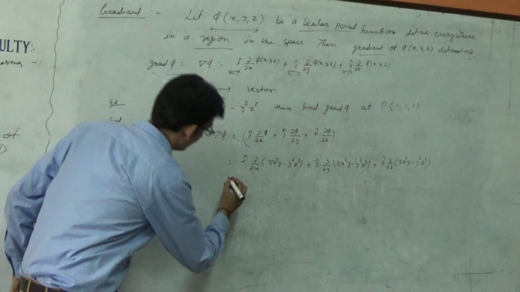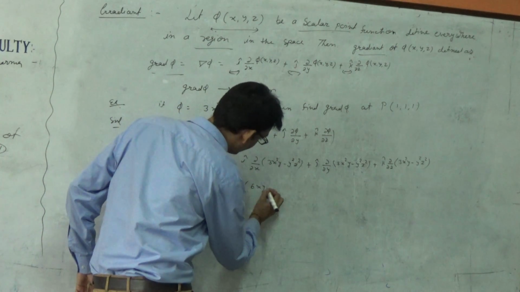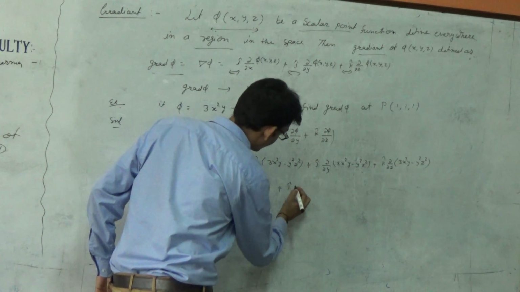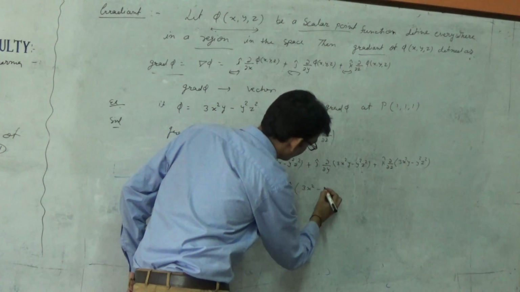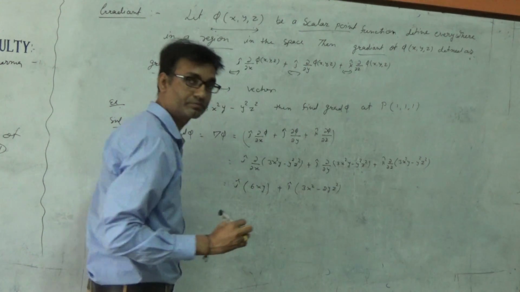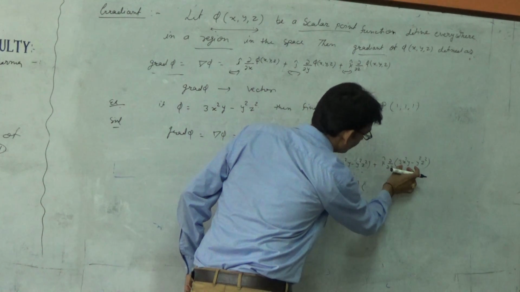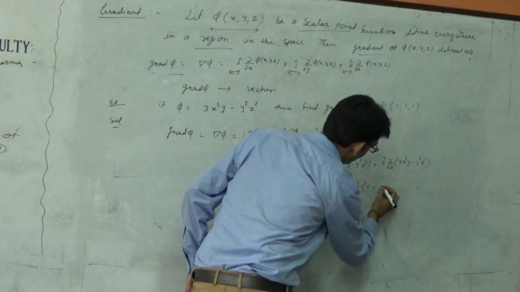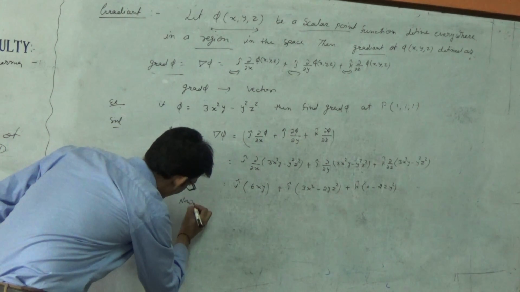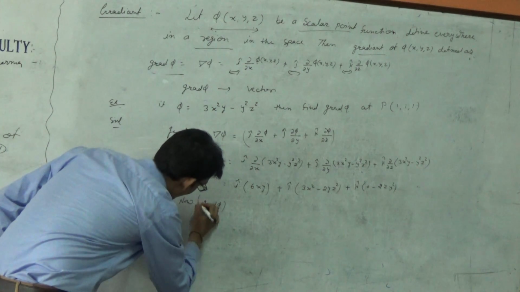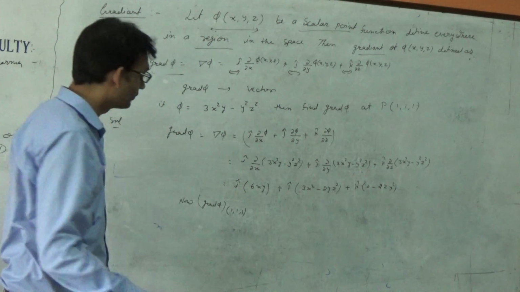Now i becomes 6xy, and the y squared z term becomes 0, plus j times 3x squared minus 2yz, plus k, where the term with z is not available so it is 0, minus y squared. Now the gradient of phi at the point (1, 1, 1): put x equal to y equal to z equal to 1.